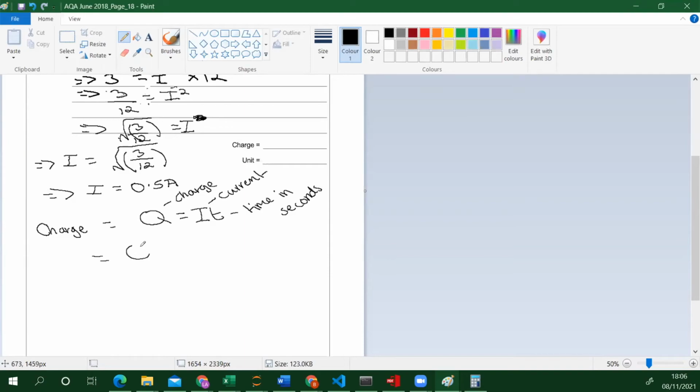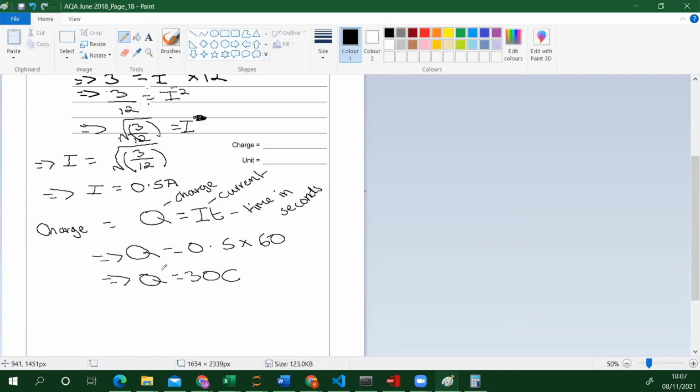So Q equals I, which is 0.5, times 1 minute, so 60 seconds. We don't have to do any conversion. That equals 30. We could do that in our heads, couldn't we? 30 coulombs.